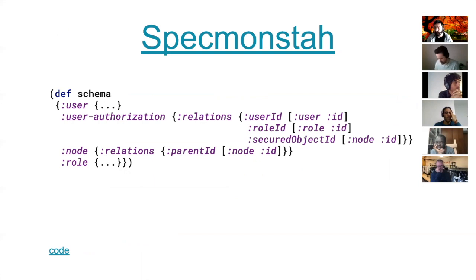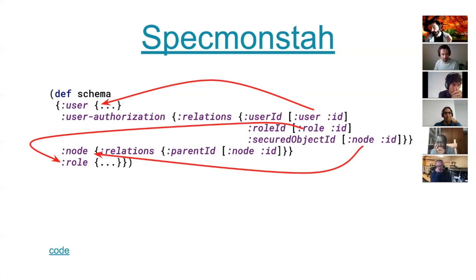The idea is that you specify a schema about the relationships between different objects. For example, in the case of the user authorization, you specify that it has a relationship with a user, a node, and a role. What this library does is create objects where all the relationships are fulfilled, and it gives you the correct order of things so things make sense.